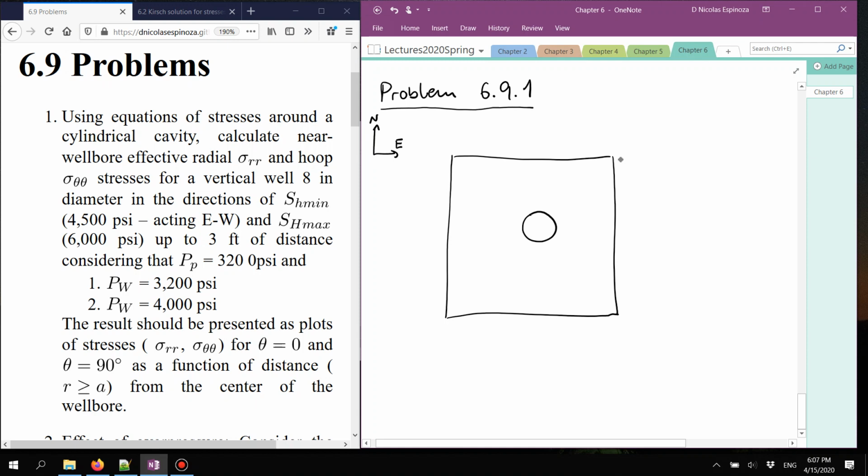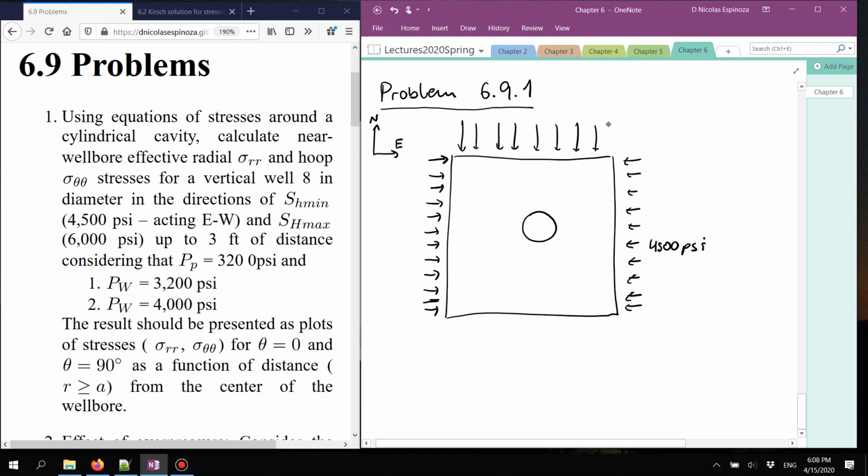So the minimum principal stress is going to be east-west, 4,500 psi, and the maximum principal stress therefore is going to go north-south, always perpendicular because those are principal stresses. And that value is going to be 6,000 psi.